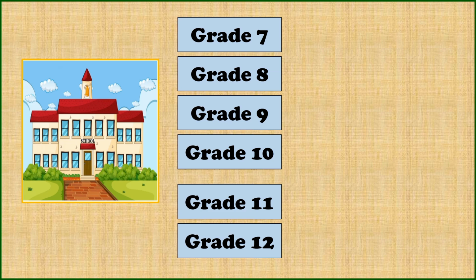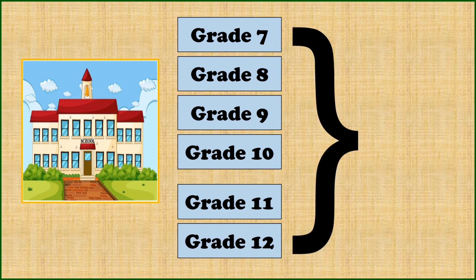You can make all the grade 7 sections as one cluster and all the grade 8 sections as one cluster, another cluster for all grade 9 sections, the same with 10, 11, and 12. In each cluster, you are going to select the desired number of participants for your sample. That's it for my discussion on random sampling.